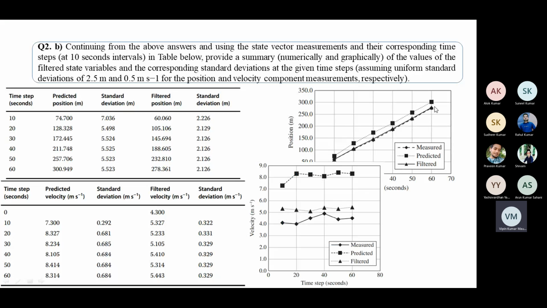Similarly for velocity, this was the actual measured velocities. These are the predicted ones, and these are the measured. So measured, filtered and predicted. So this is how you have to do the correction, prediction, correction, prediction, correction.